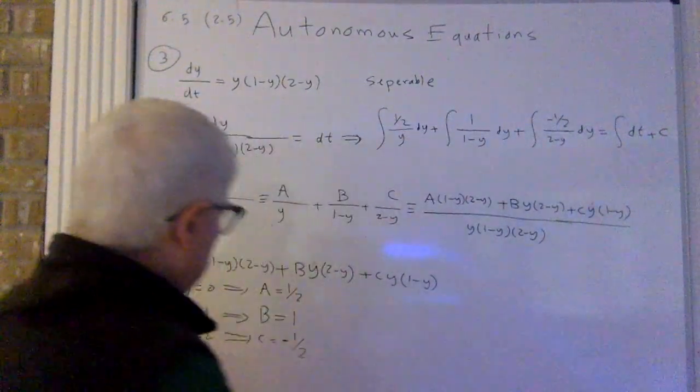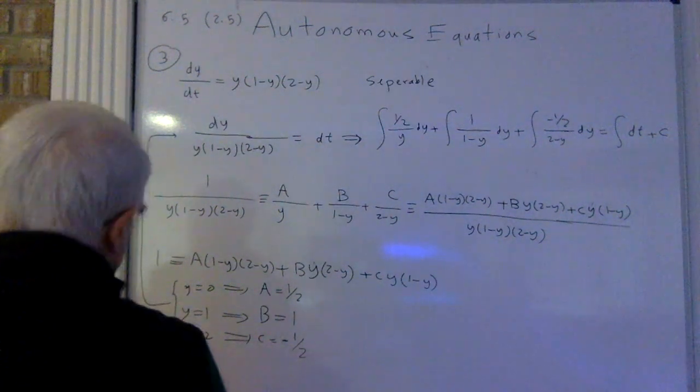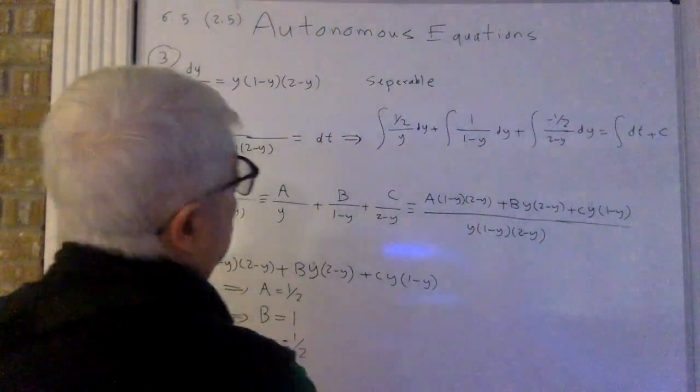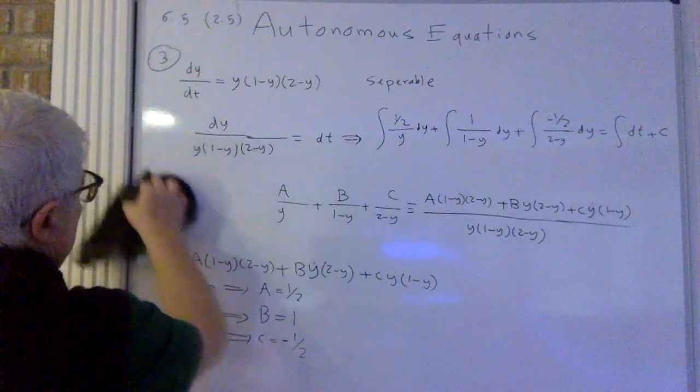Now, let me double check to make sure that nothing goes wrong. So, that's correct. y equals 0 will give me 2 times 1, a, that's 1 half. y equals 1, that's 0, 0, 2 minus 1 is 1, okay. And y equals 2 will give me 0, 0, and 1 minus 2 is minus 1 times 2 is minus 2, so that is minus 1. Okay, that's correct. So, let me erase this, continue.